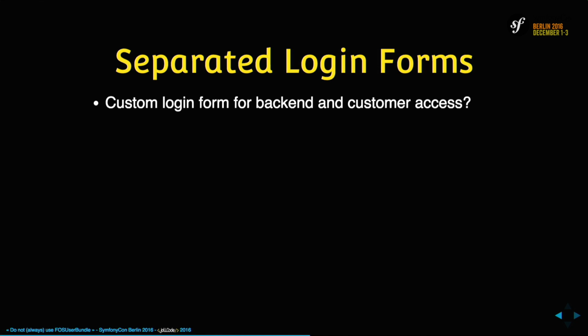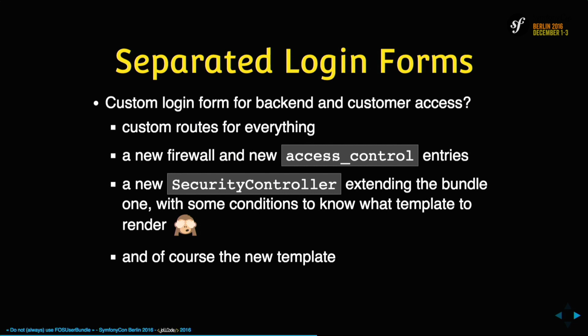You can do that with FOS user bundle. You will have to write custom rules for everything. You will have to write a new firewall entry, a new security controller extending the bundle one. Inside of it, you will have to do some crappy condition on the route to tell if you want the admin layout or the customer layout, and of course the new templates.